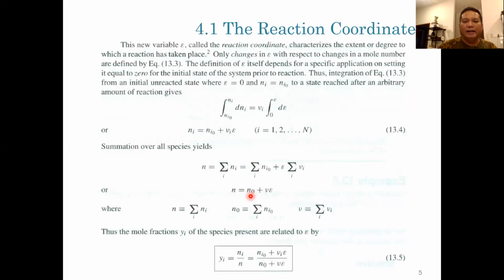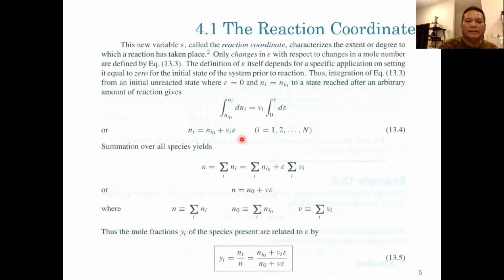Okay, right? And then for the number of moles, we can integrate this, from n_i0 to n_i, and for epsilon from 0 to epsilon. So we get n_i minus n_i0, and because nu_i is a constant, then nu_i epsilon.